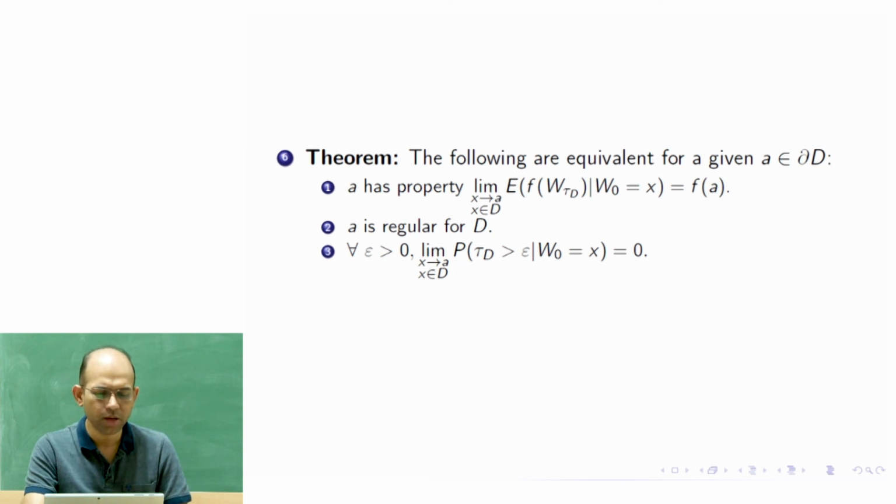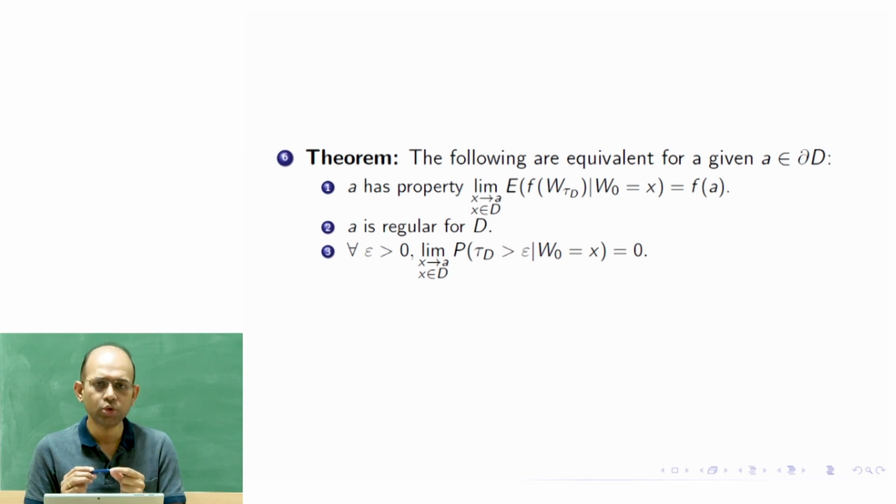And the third point: for all positive epsilon, the limit as x tends to A, x being in D, of the probability that tau_D, the exit time, is greater than epsilon, given W0 equal to x, is equal to 0. So what is the interpretation of this probability? Fix epsilon, and then take x close to A, where A is on the boundary.